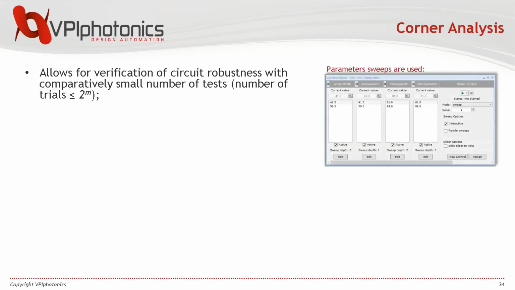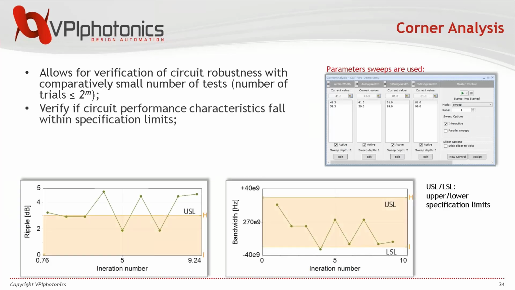For example, in this case we have like 9 or 16 simulations. We use simple sweeps, so we just sweep the parameters and all combinations can be covered.